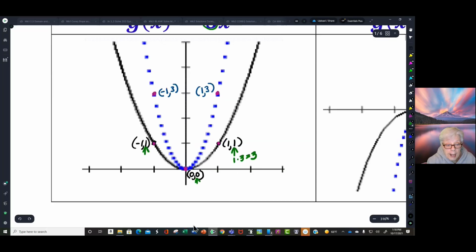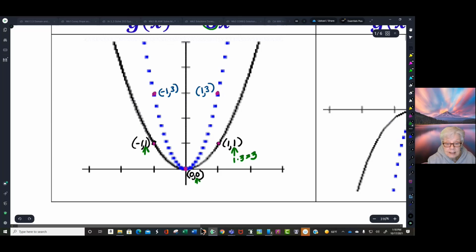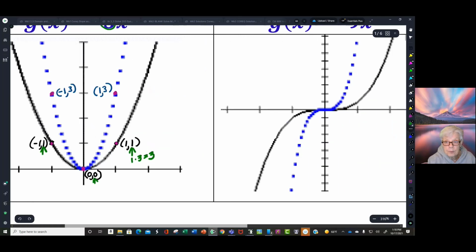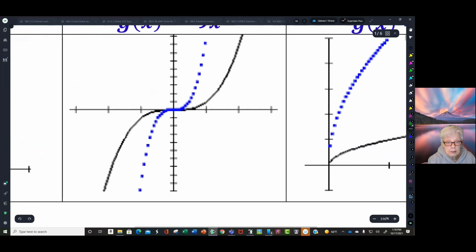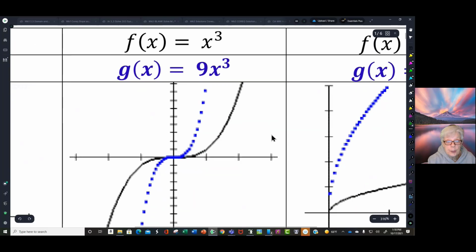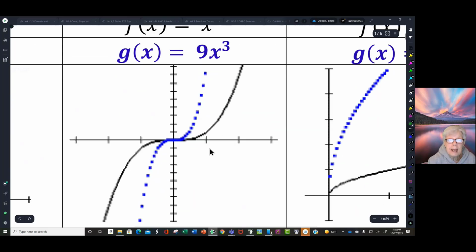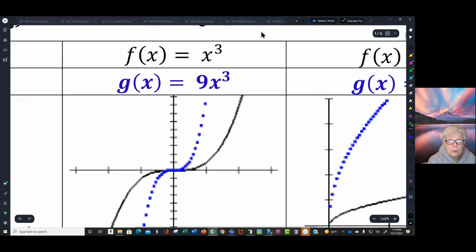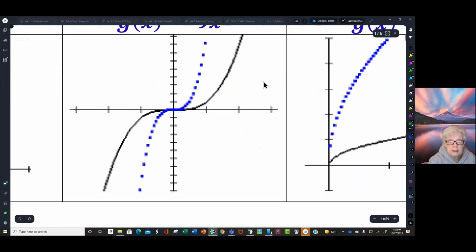Now let's look at one that's kind of less easy to see. Here we have y equals x to the third power, x cubed. Y equals x cubed, or f of x equals x cubed. And here it is in black.